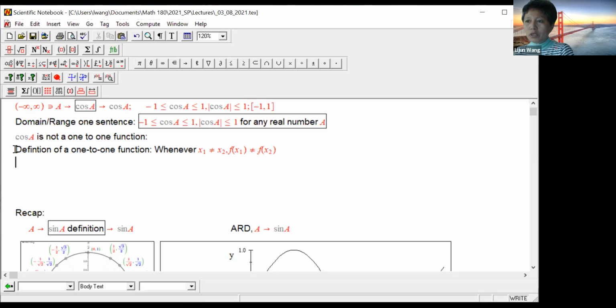So we're going to compose a definition of a not one-to-one function. Because any definition you are going to study in calculus classes, you're going to study many definitions.